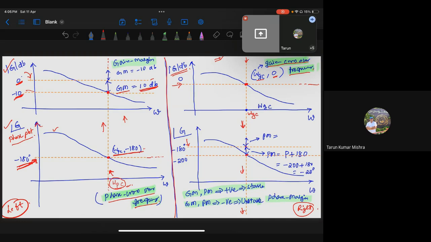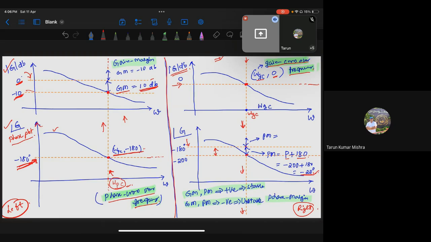It is intersecting by this much width, which is nothing but phi plus 180. What is the phi value? Minus 20. Is this clear?